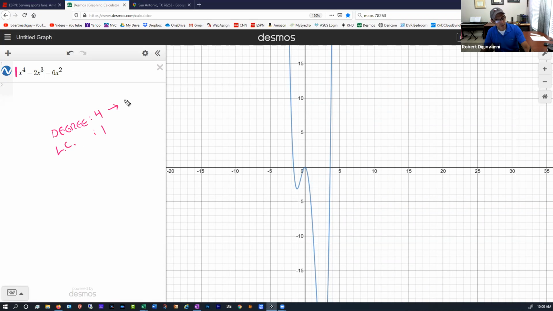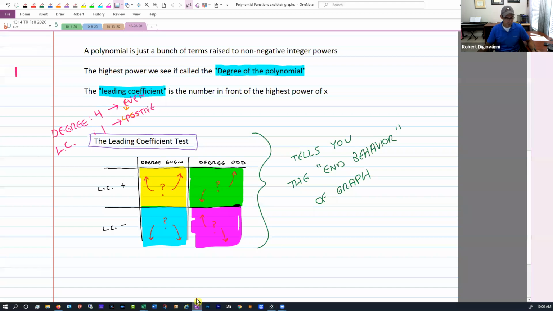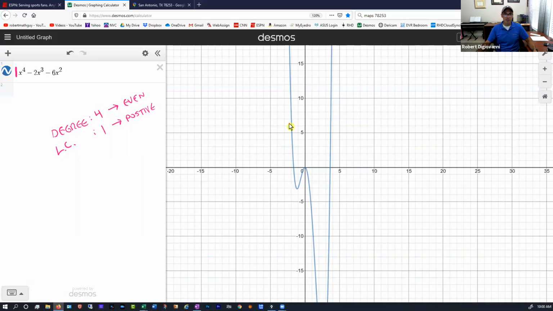So the degree is even, and the leading coefficient is positive. And according to our table, if the degree is even and the leading coefficient is positive, it should go up on the left and up on the right, which it does. Do y'all see that?